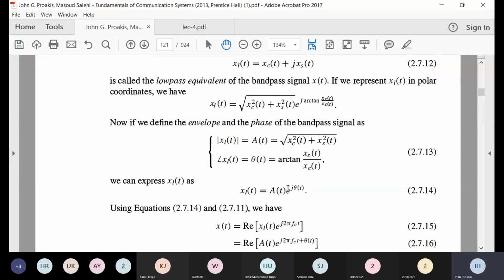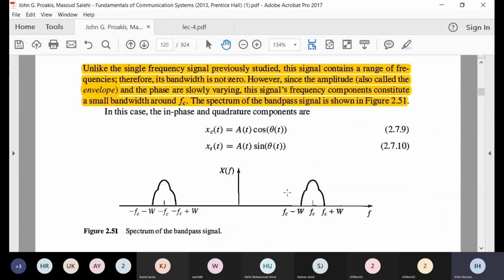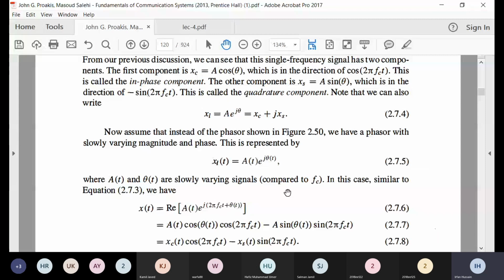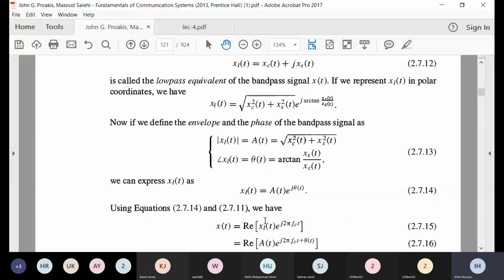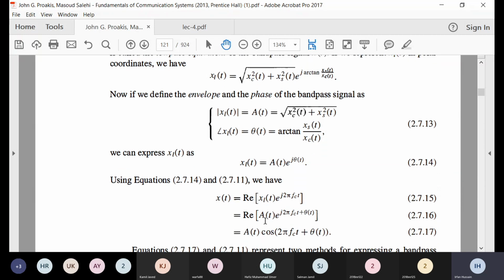So previously this was also the low pass signal with respect to its time varying part. But there it was represented in terms of cosines and then the real and imaginary parts. We went to the cosine, the real part, and then from the cosine we had the in phase and the quadrature.